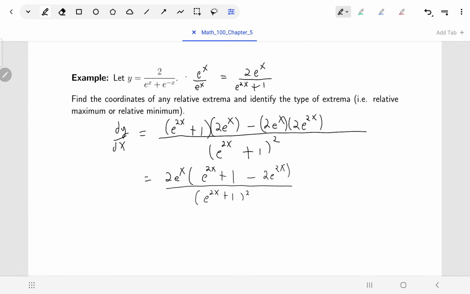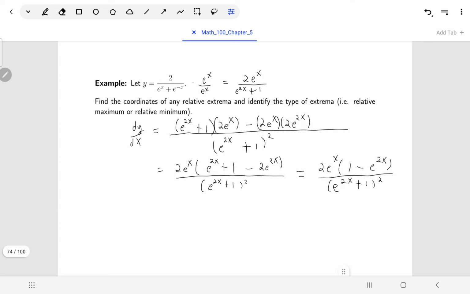And if I wanted to do one little last bit of cleaning up here, I could say this is 2e to the x multiplied by 1 minus e to the 2x over e to the 2x plus 1, whole thing squared. Okay, so I've got my first derivative.